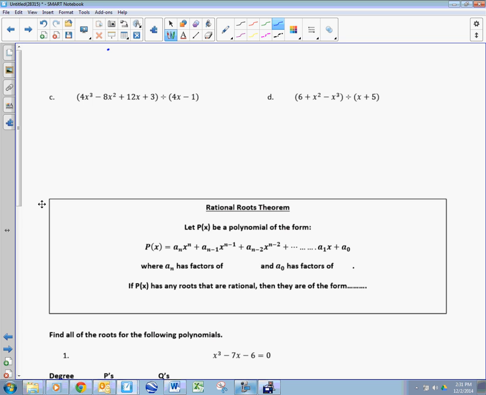What is the solution to 4x minus 1? First step, drop down the 4. What's 1/4 times 4? 1. Negative 8 plus 1.